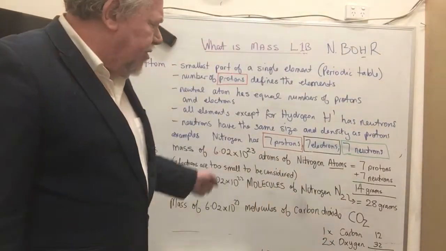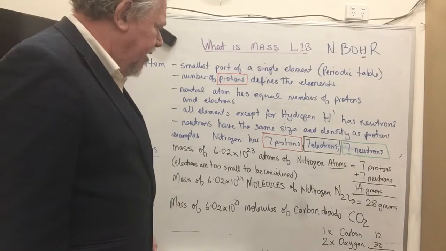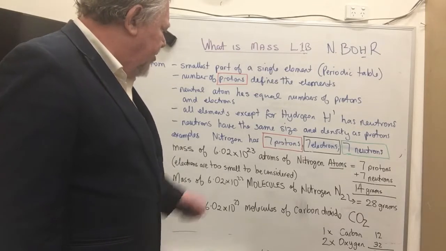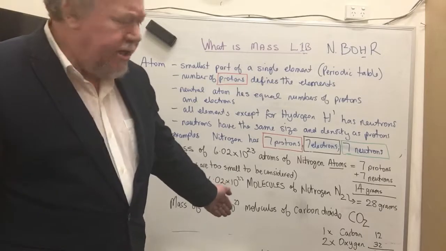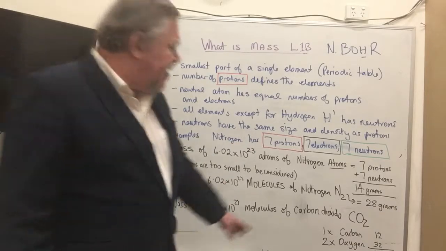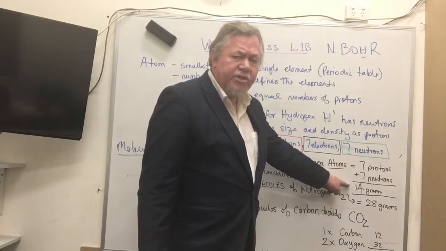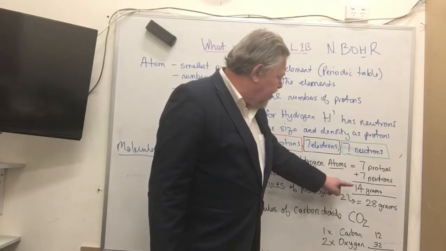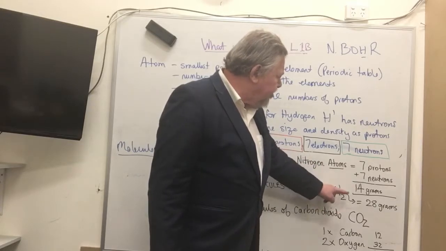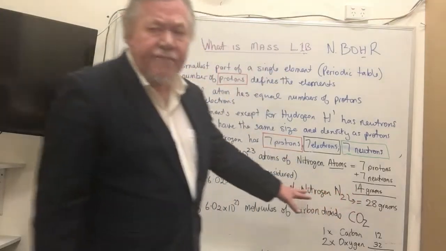So you can see carbon dioxide is considerably heavier than nitrogen. And if it was oxygen, then we'd have O2, and oxygen is 16 grams for just the atom. So oxygen as a molecule, O2, would have 16 times 2, making it 32 grams.